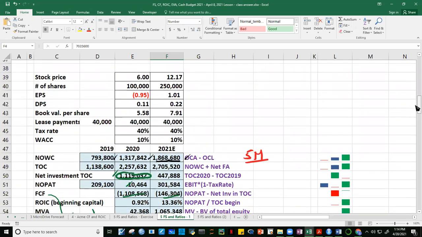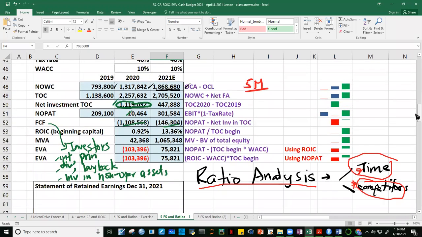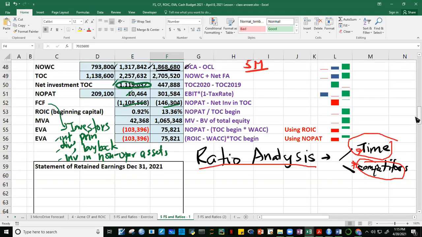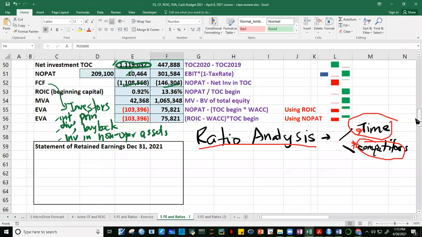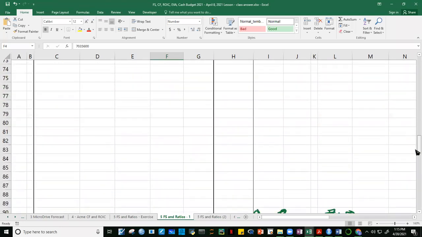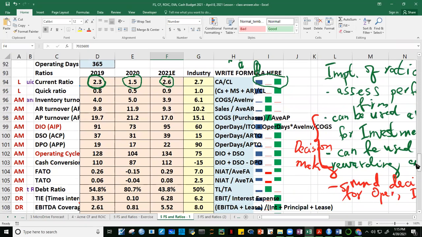And usually, guys, you don't look just at a particular measure. You look at it from a holistic perspective, from a broader perspective by looking at it across time. Looking at it also in comparison with your benchmark company. So those are the key points that I want to highlight in this explanation.